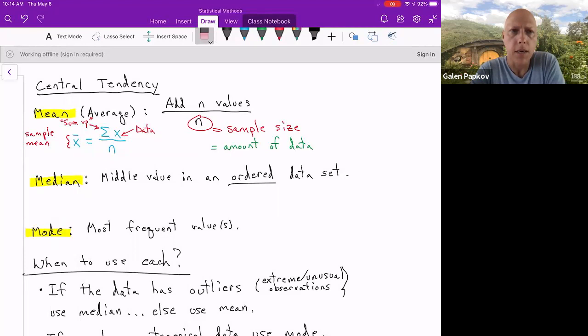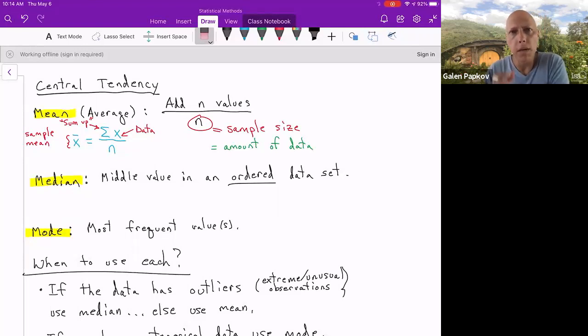So the sample mean is X bar, and you get that by adding up your data, or summing up the X values. That symbol that looks like an E is the Greek symbol capital sigma. And you divide that sum by n, which is your sample size, or simply the amount of data that you have. And that's going to give you the mean.